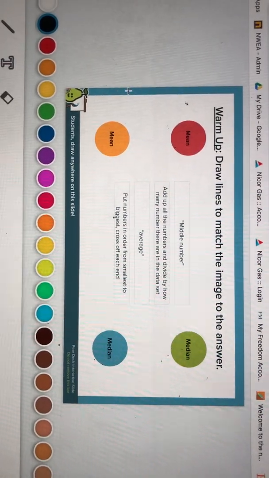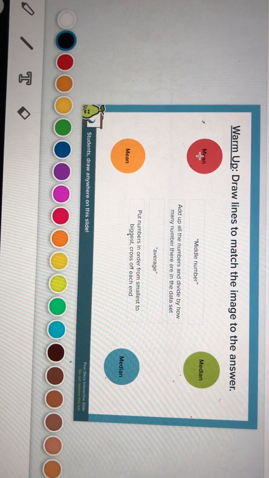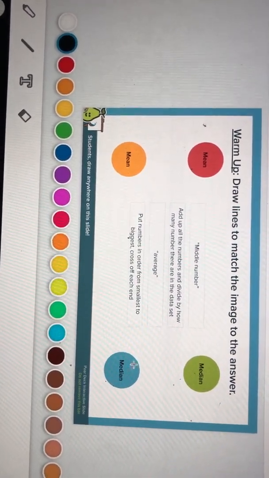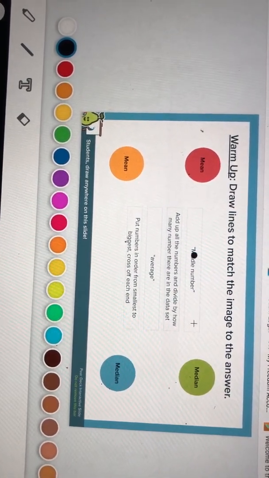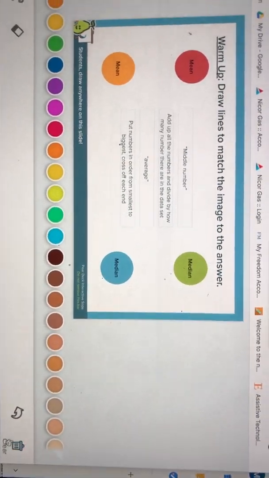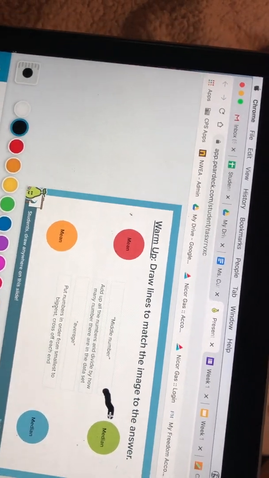This is just a warm-up review, taking and reviewing what we've learned these past 2 days about mean and median. If you remember the middle number, we think of the middle number as the median.